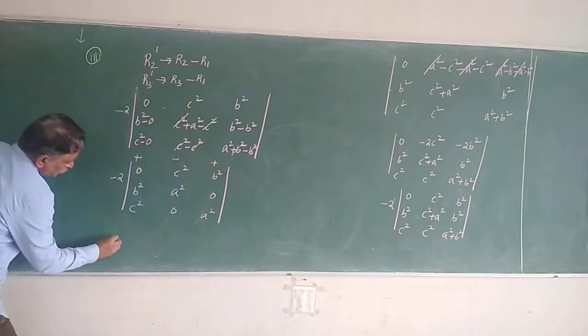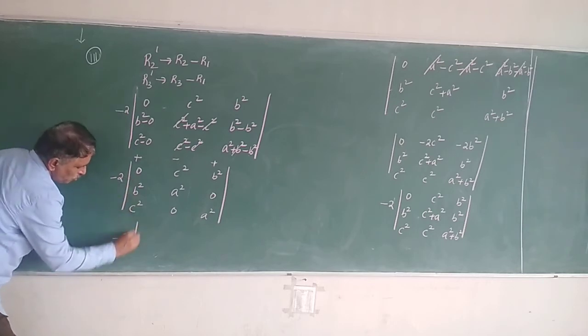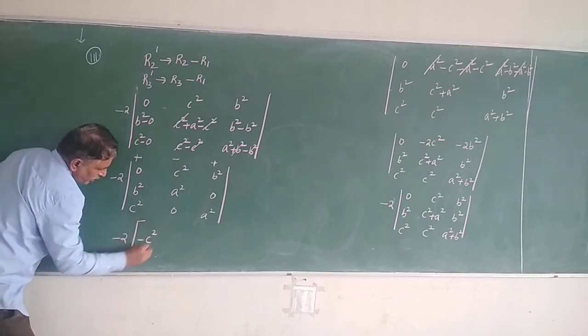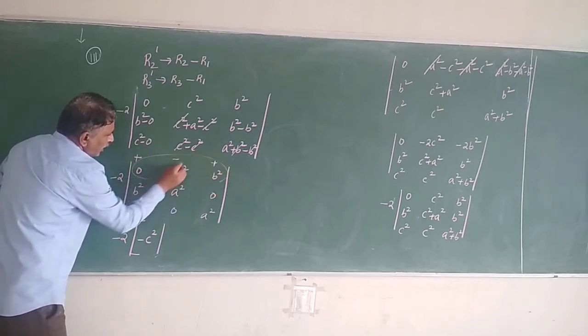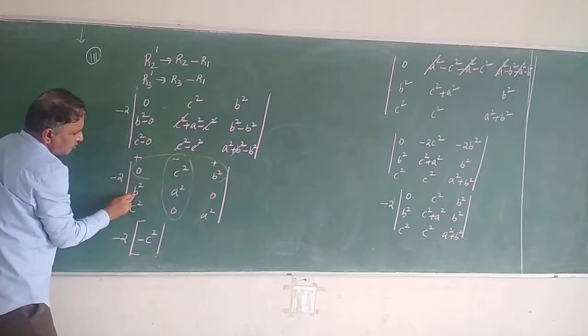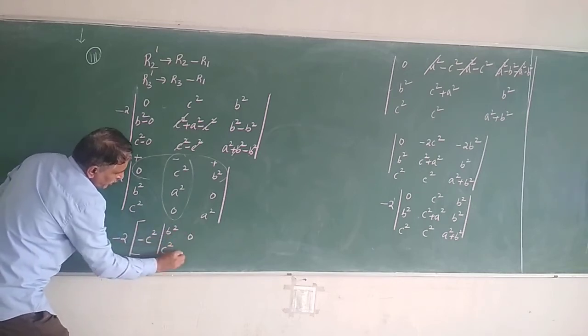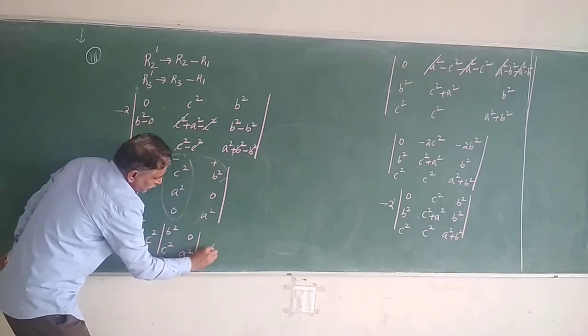Determinant. So minus 2. I told you need not take the 0. Minus C square. So when I take C square, I need to eliminate the row and column related to that. I will get B square, 0, C square, A square. Plus into plus B square.